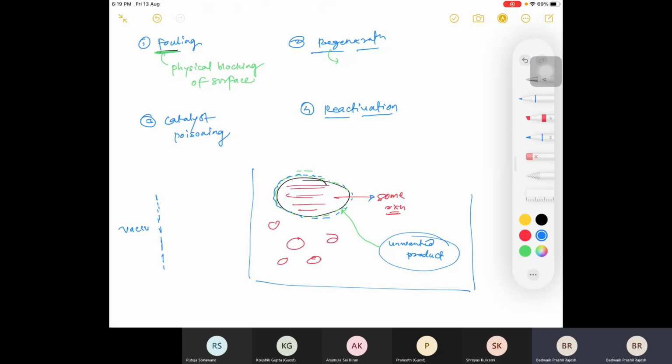Because of vacuum, the particles will try to adsorb on the surface, right? So in order to remove these particles, what can I do?